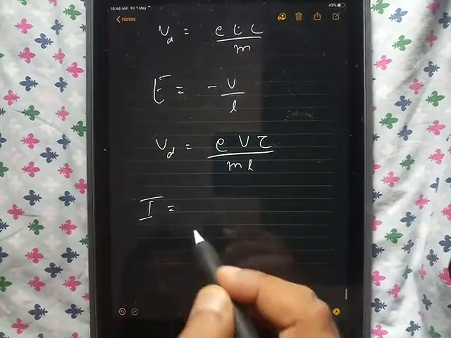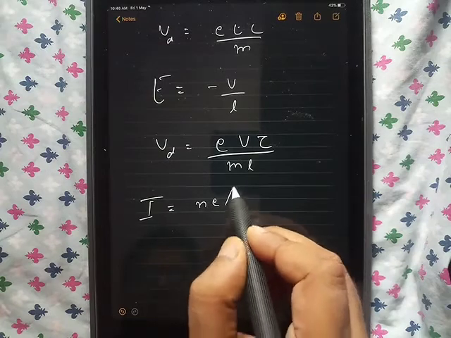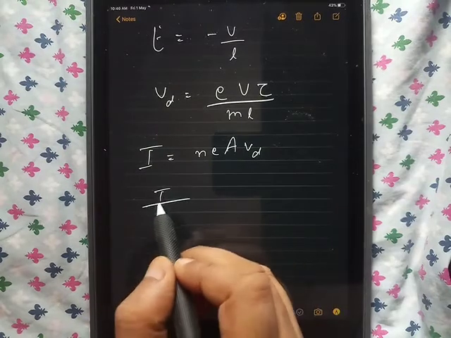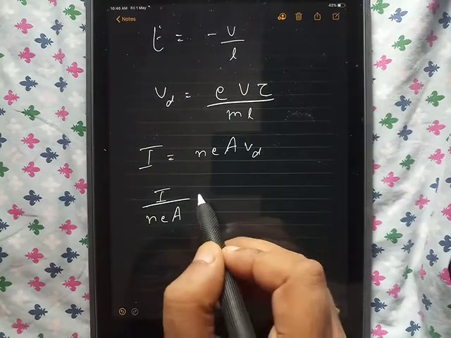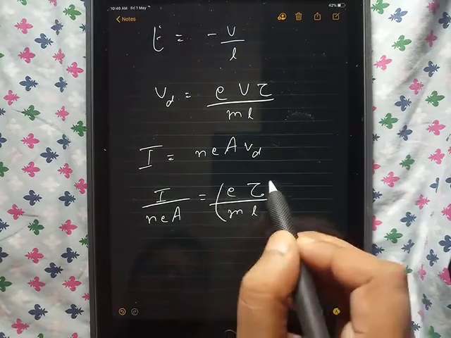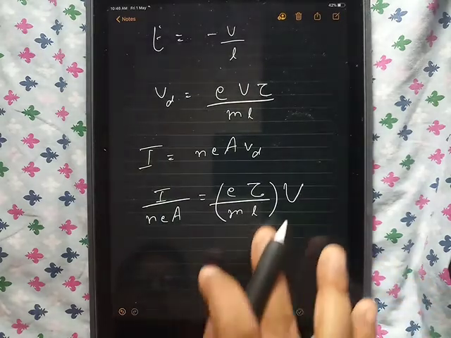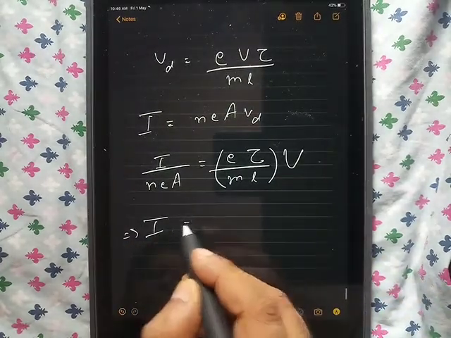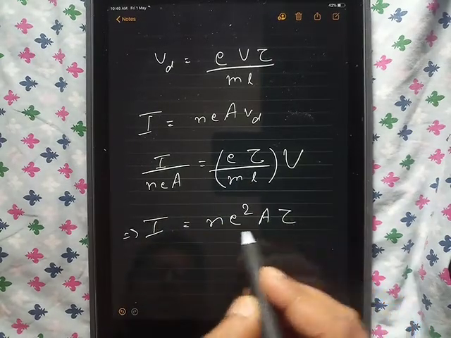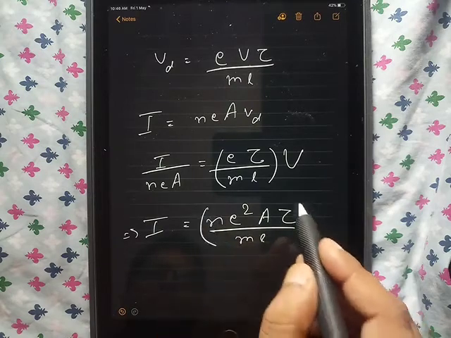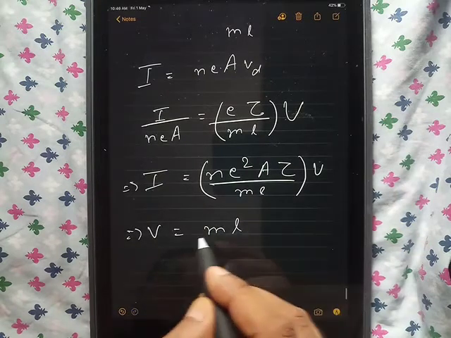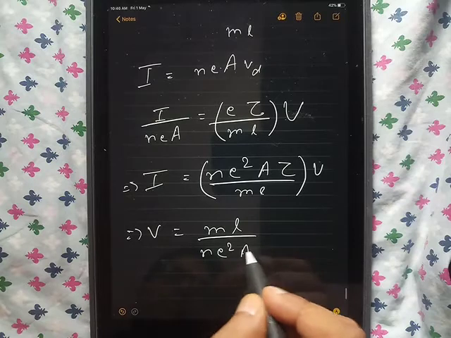We know that I equals N E A Vd. So in place of Vd, we can write I by NEA equals E tau by mL into V, or I equals N E square A tau by mL into V, or V equals mL by N E square A tau times I.